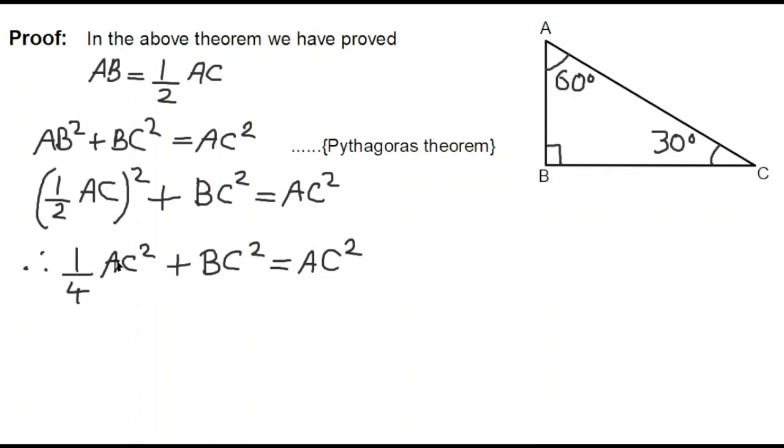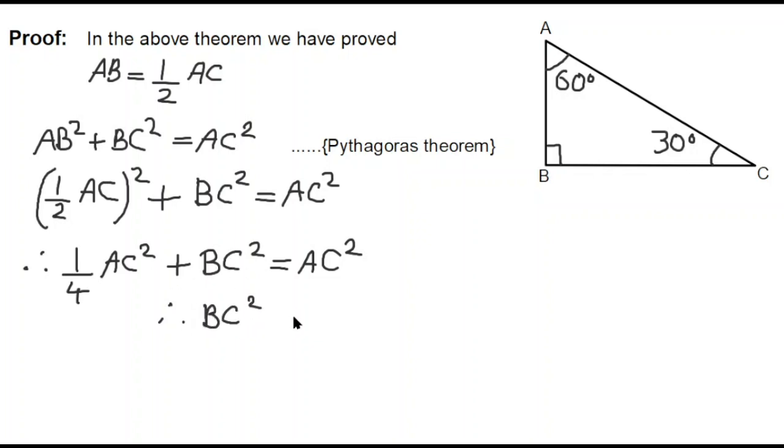Now what we will do, see. Here the AC square term is there and here also the AC square term is there. So we will take this to the other side of the equal to sign. Here 1 upon 4 AC square is there. If we take it to this side of the equal to sign, what we will get? Minus 1 upon 4 AC square. This BC square will remain on this side only.